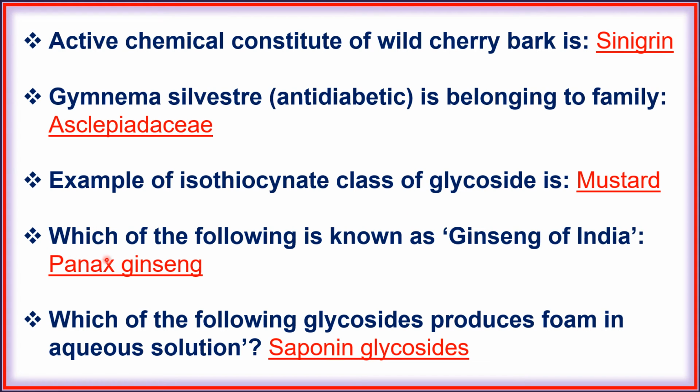Next, which of the following is known as ginseng of India, that is Panax ginseng? Next, which of the following glycoside produces foam in aqueous solution, that is saponin glycoside?